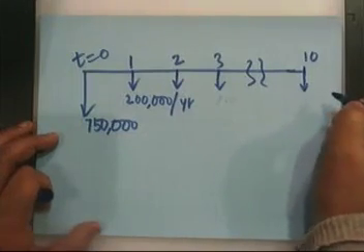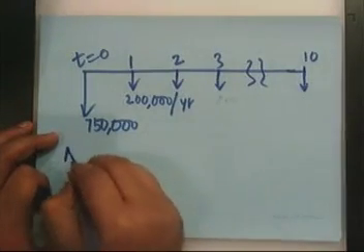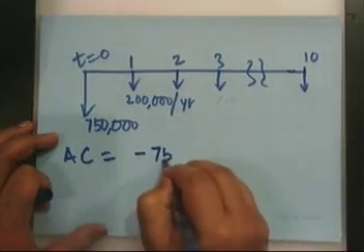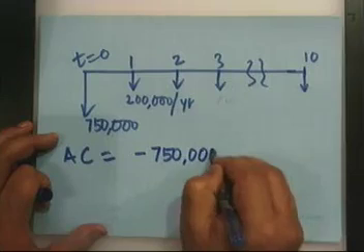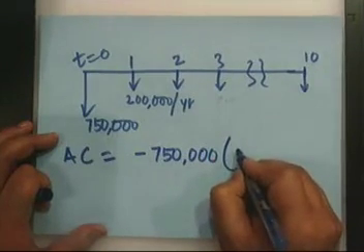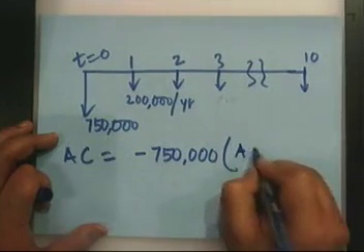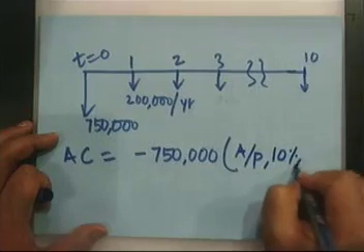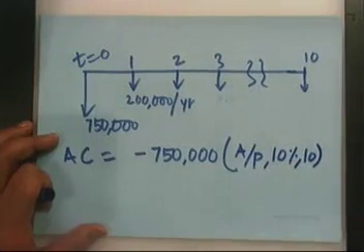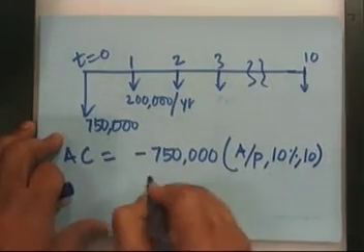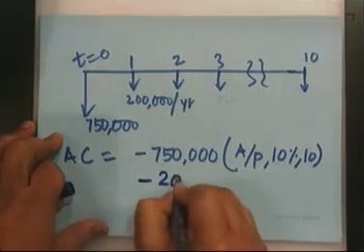Here again, the same thing. So, the annual cost AC I write would be minus 750,000 multiplied by A given P at a 10% interest rate for 10 years, minus 200,000.